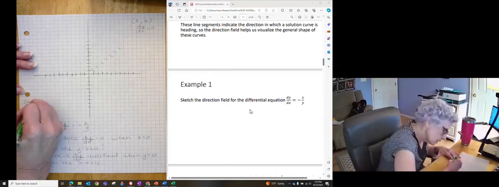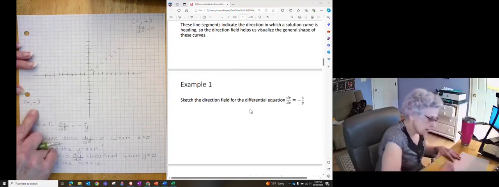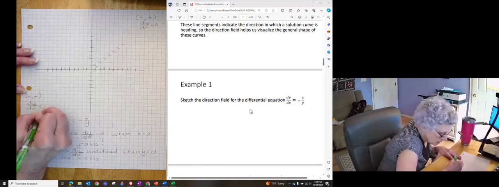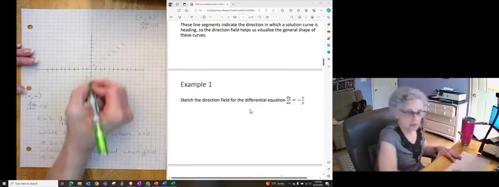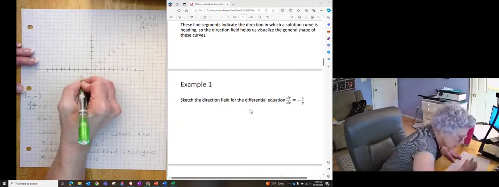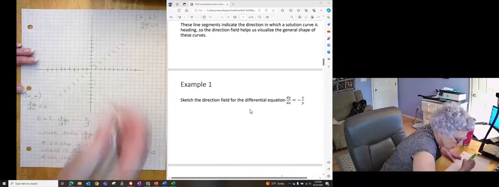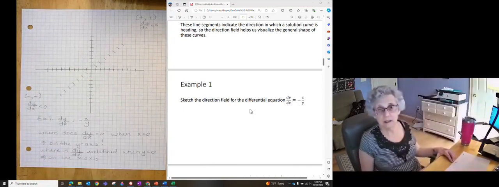All along the identity line, my slope is equal to negative 1. Well, over here in quadrant 3, I have a negative over a negative. So dy/dx, again, is going to be negative, and I'm going to have the same slope all along the identity line.